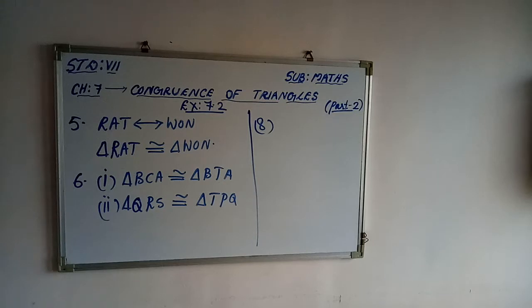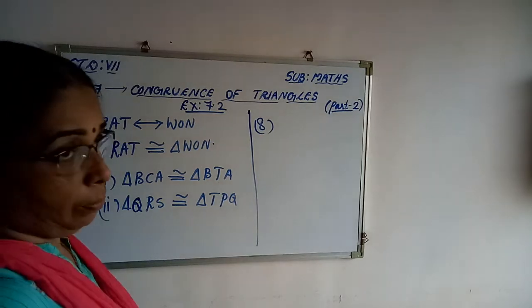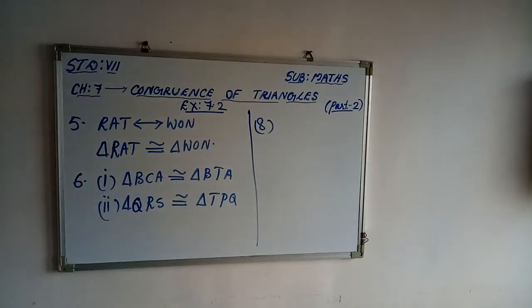Out of 6 pairs of corresponding parts, if 5 pairs are congruent, then the two triangles must be congruent triangles.